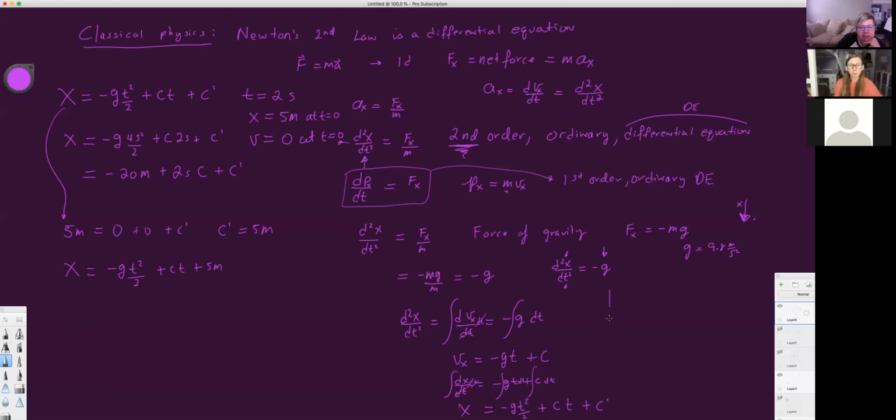So let me ask you this. If this is x, and this is t, and this is the position. I'm not drawing for our particular situation, I'm just drawing a general x versus t. How would I get v from this graph?